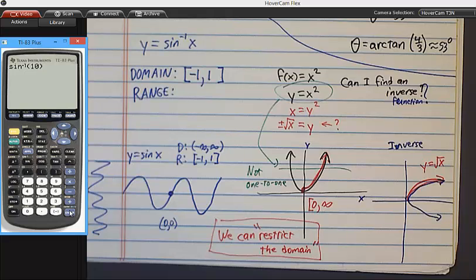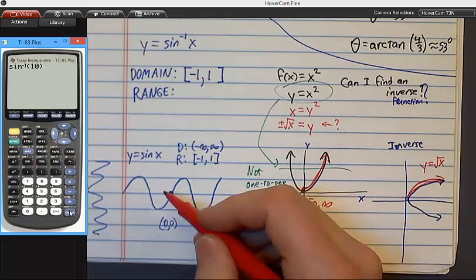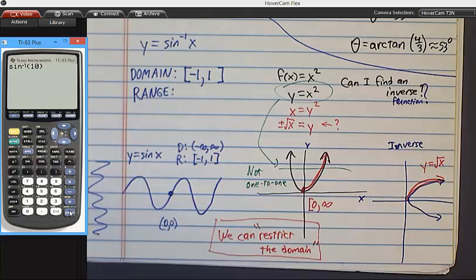So we know that the sine of 0 is 0, right? And so it probably makes sense to you that if I take the inverse sine of 0, it should be 0. Does that make sense to people? But if you think about it, people could have done it differently.